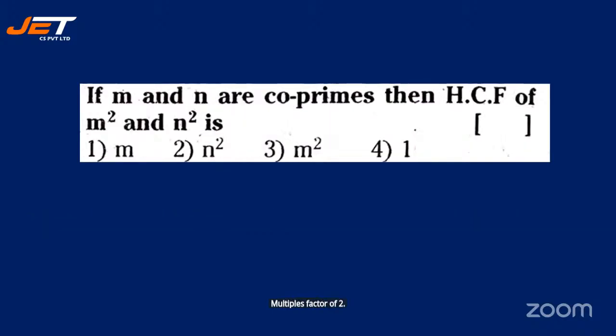Right. If m and n are co-primes, then HCF of m square and n square is dash.